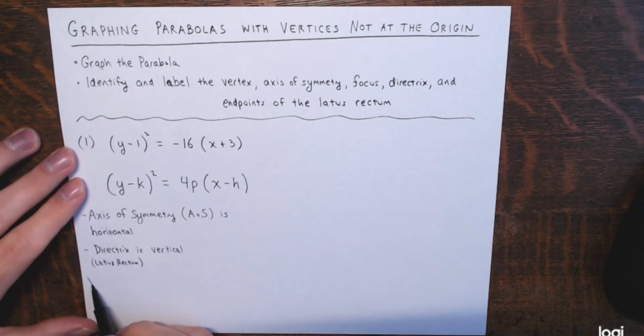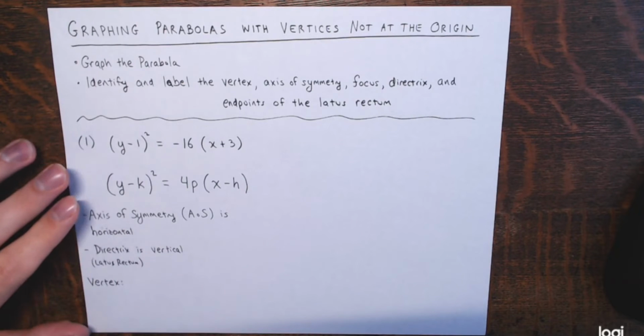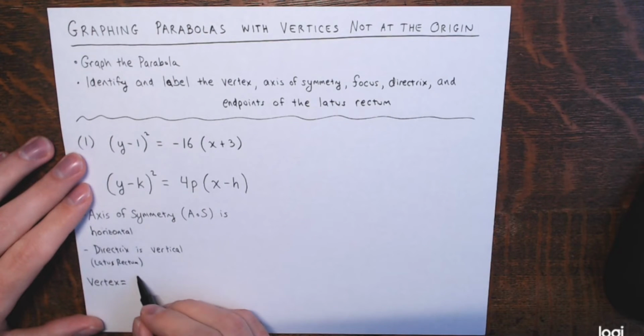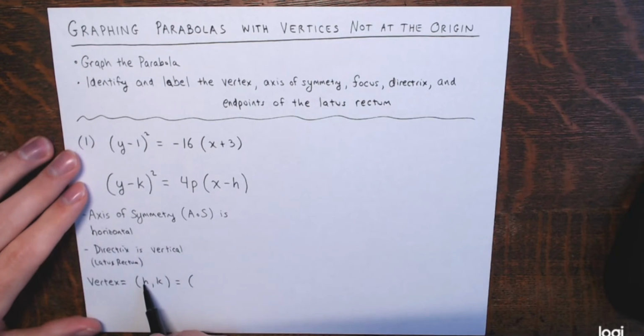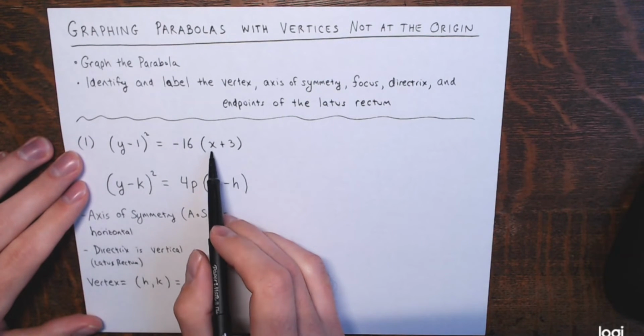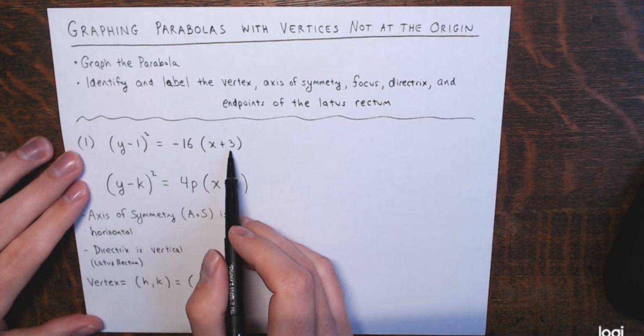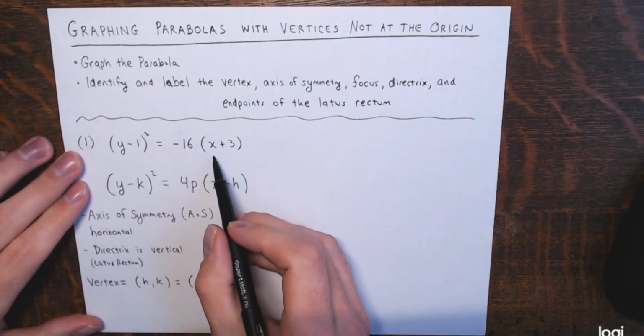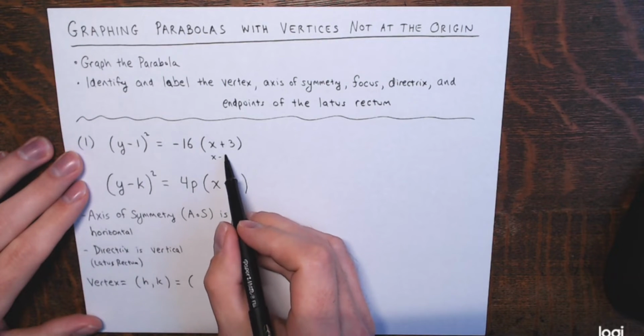Now the vertex, again, once we have an equation that we know and recognize is in standard form for a parabola, the vertex has the coordinates h, k. So remember, h goes with the x. So you see x plus 3 here. But x plus 3 is the same as x minus negative 3, right?